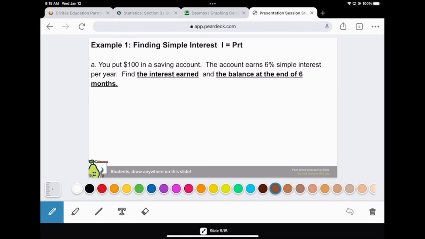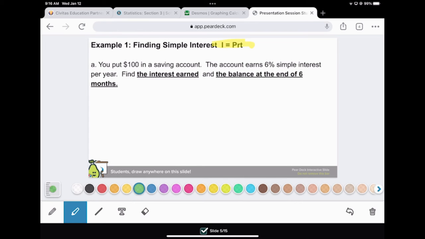All right, so this is the equation that we have, the simple interest. I already put it on the top, so you don't have to copy right here. I equals PRT. We're going to read the problem and identify which one we are solving for, which ones we have, and which one is missing. So you put $100 in a savings account.